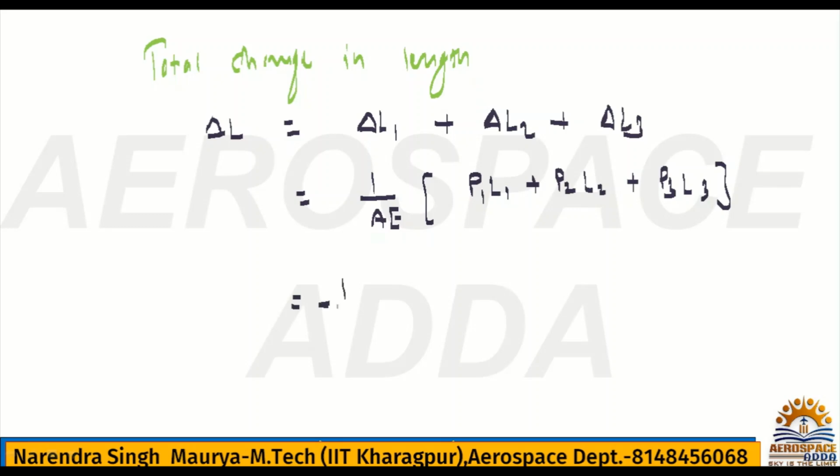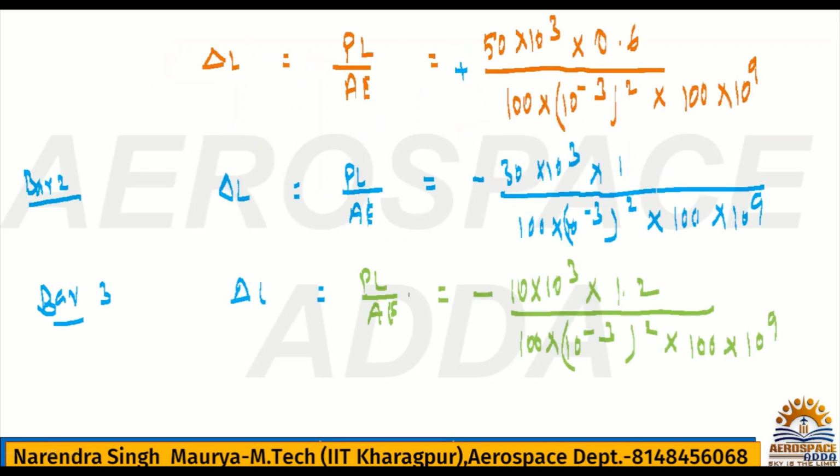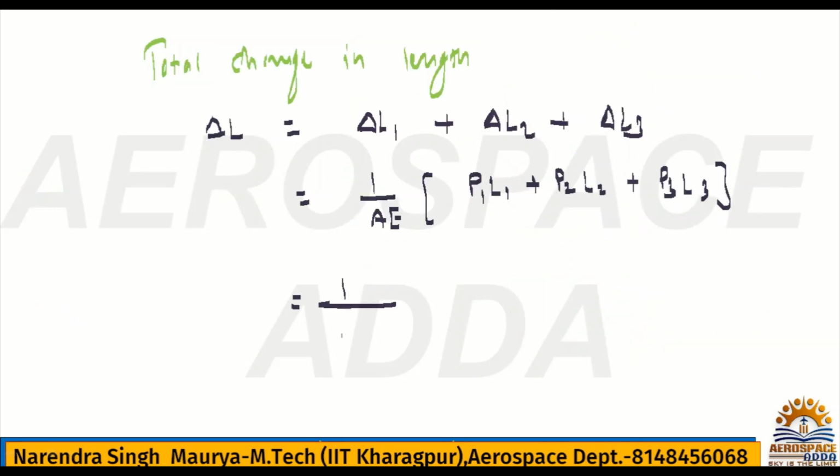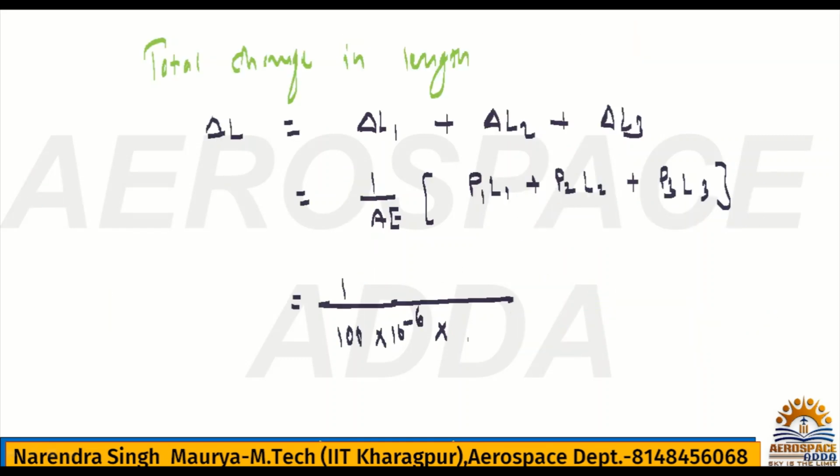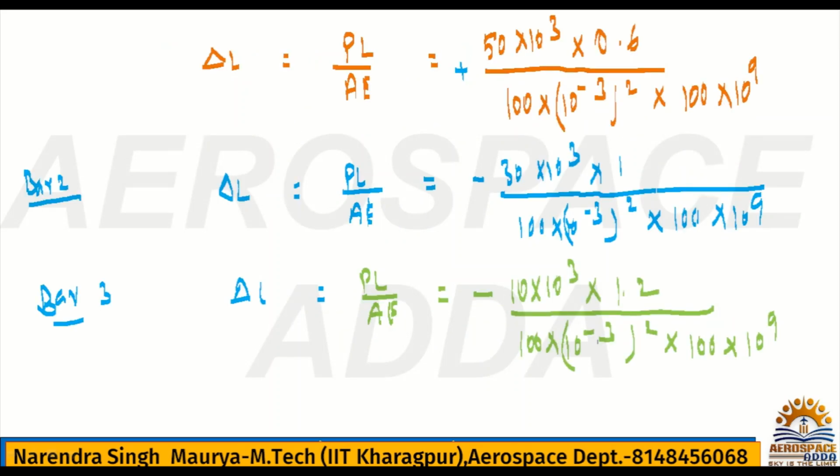So the formula we have here is 1 upon 100 into 10 to power minus 3 whole square, meaning 10 to power minus 6, into 100 into 10 to power 9, and write all the values. P1 L1: 50 into 10 to power 3 into 0.6.